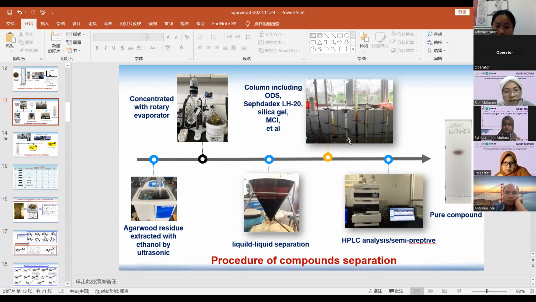Because for the dimers, silica gel does not separate so well. So when we find this fraction is mostly dimers, after the ODS we go directly to the HPLC and use HPLC to separate them.